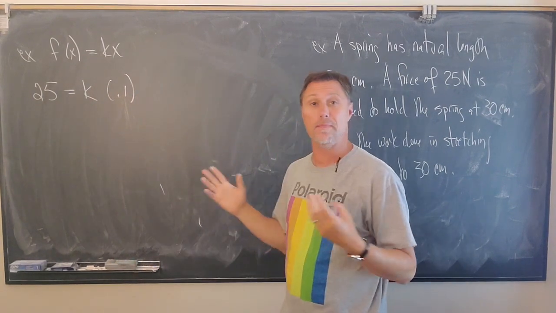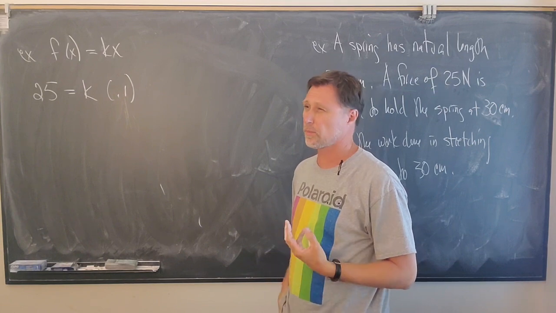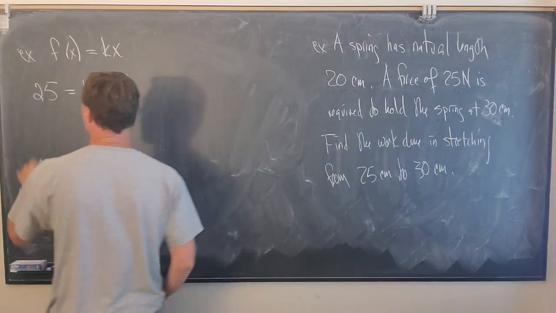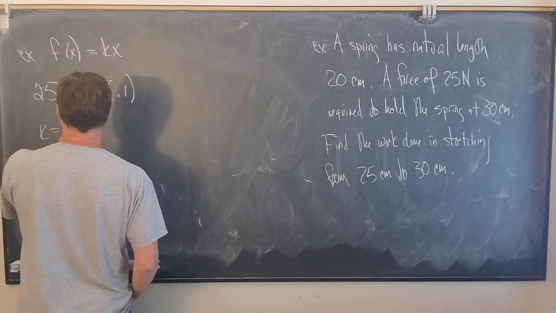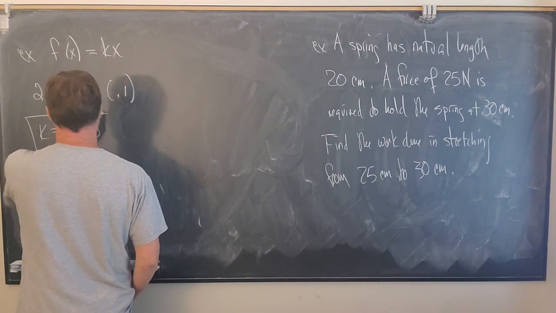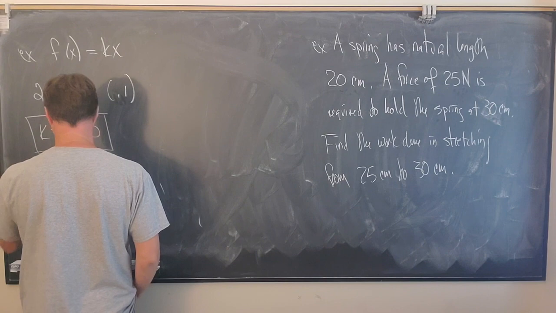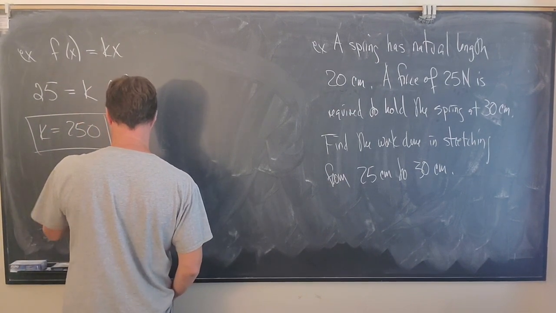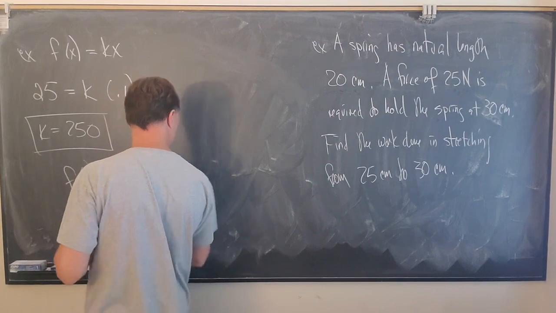So use meters when you're doing work. So that means that K, our spring constant, equals 250. So now Hooke's law tells us that for this particular spring, f of x is equal to 250 times x.